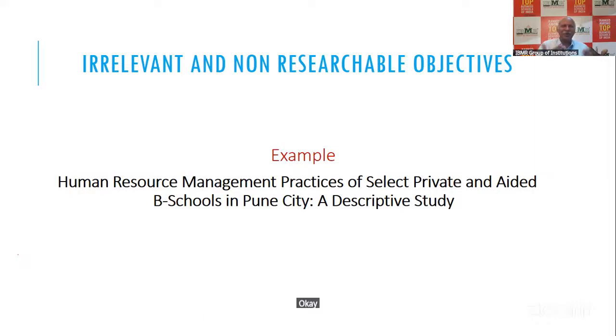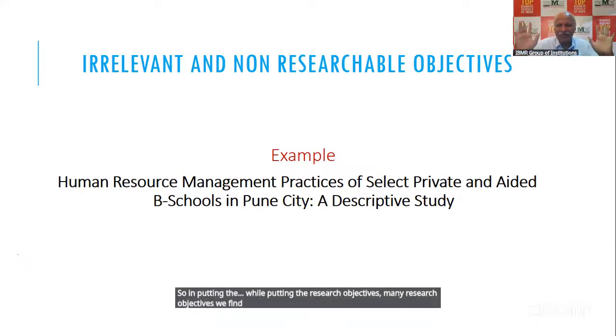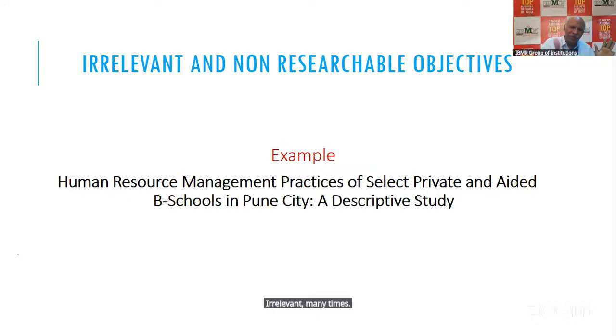In that we miss many things. So while putting the research objectives, many times we find them irrelevant. Please go back and see our theses and our papers. Most of the objectives are duplicated or repeated.